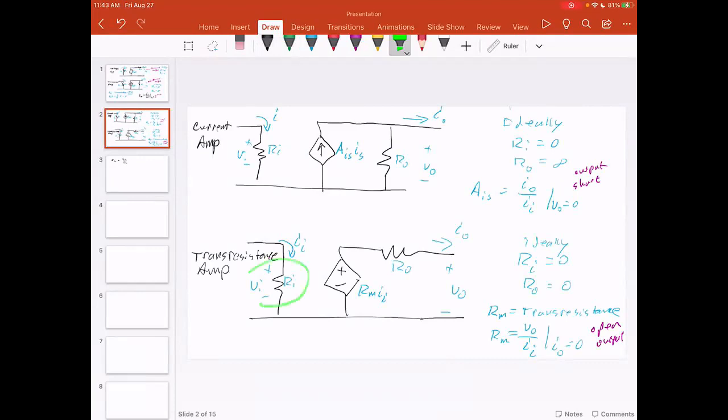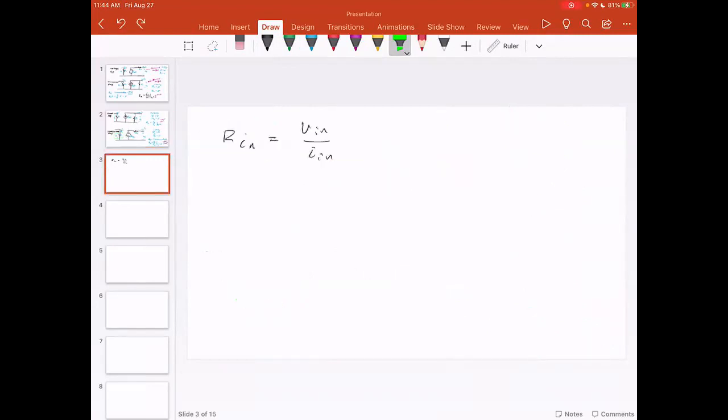It's this resistor right there. It may not be a real resistor, right? It may just be something that we understand in effect. If we consider that circuit to be a black box, then we can say, well, it's like there's a resistance in there because we can measure the input voltage and input current, excuse me.